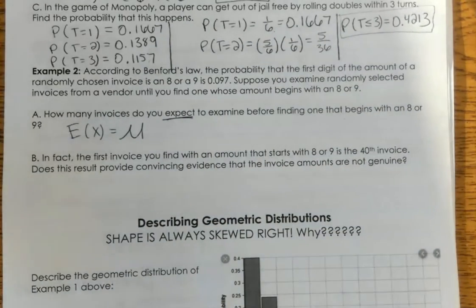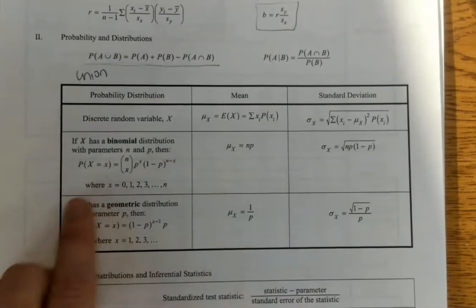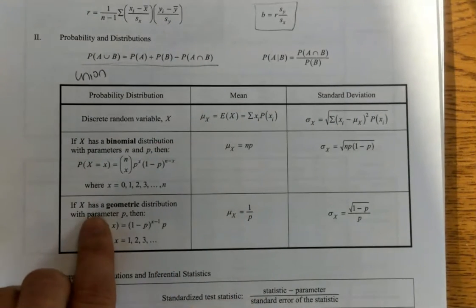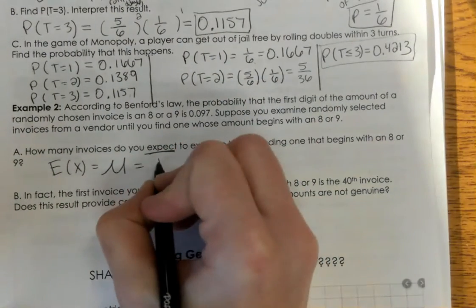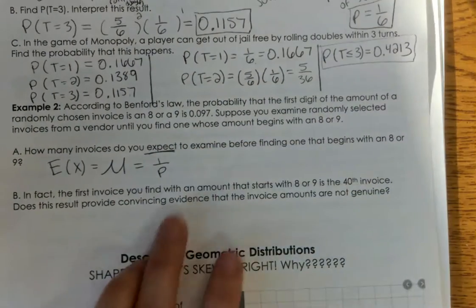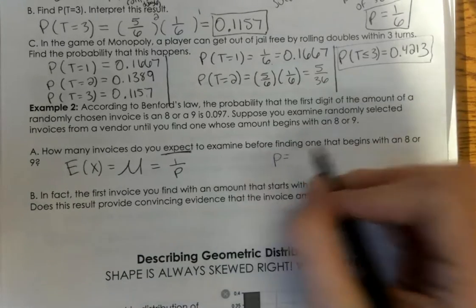So with the mean, we can go back to our notes on the first page, or we can even start looking at the formula sheet to see where these formulas are. So with a geometric distribution, the mean of x is 1 over p. With 1 over p, the only thing I need is the probability of success.